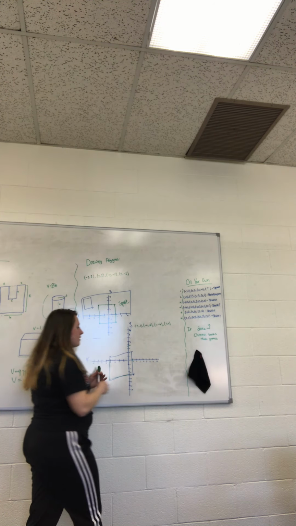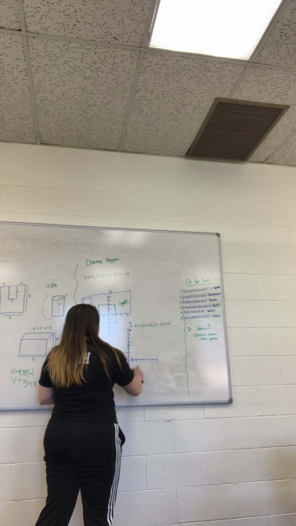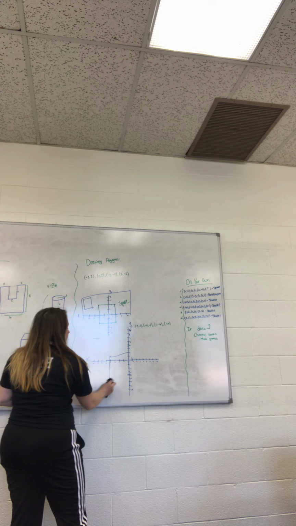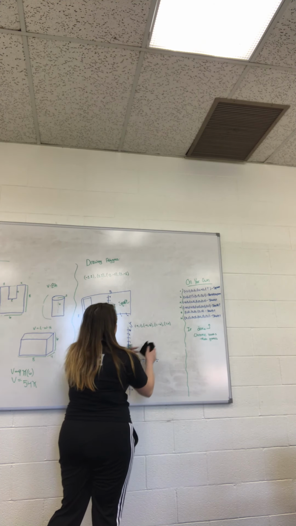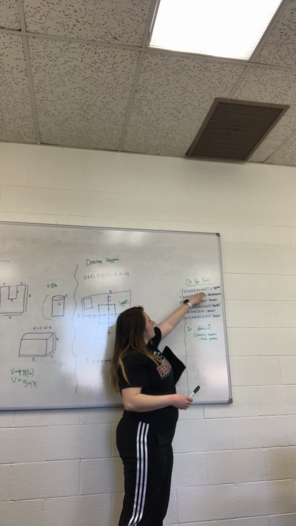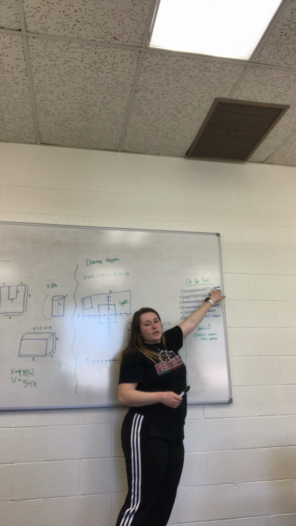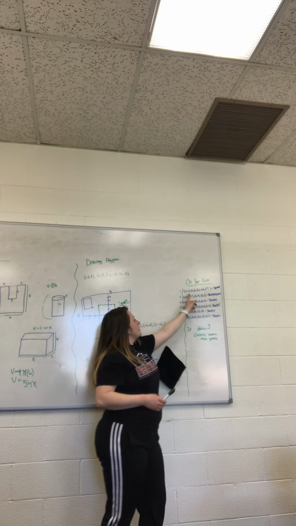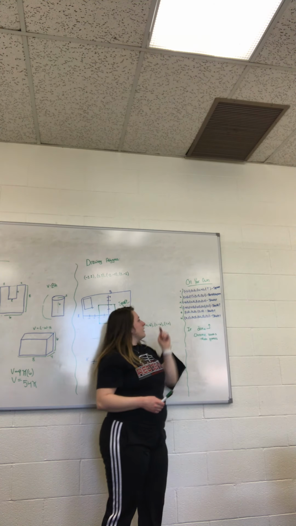Make sense? So what you're going to do is I have graph paper for you on my desk that you can grab, and then you're going to look at my points. Some of them don't have all of the points, so sometimes you're going to have to look at what shape it is. I have a square here, so you have your points, and you need to figure out what the last point is.